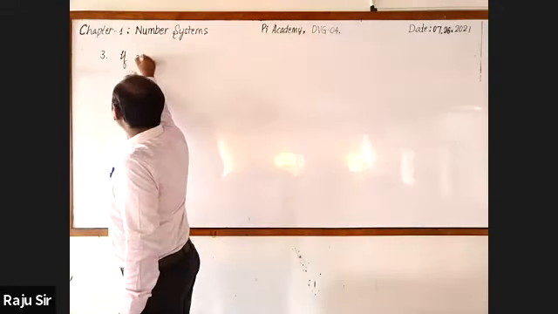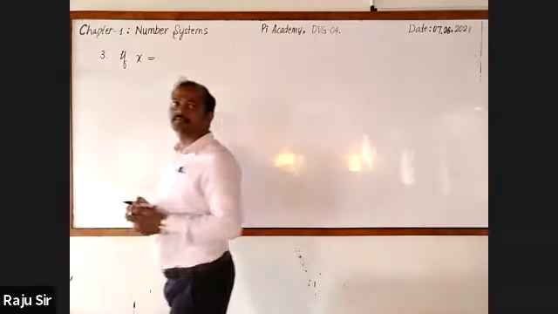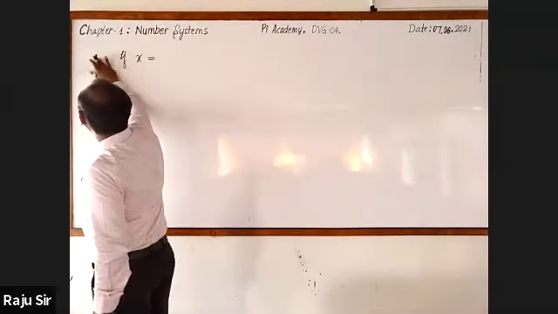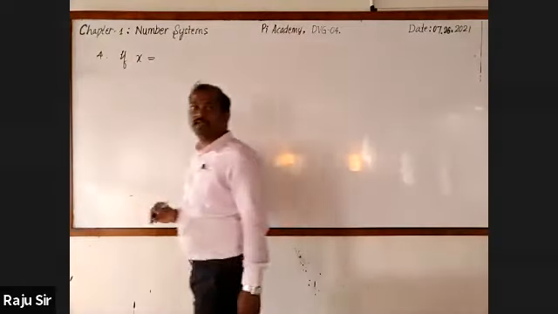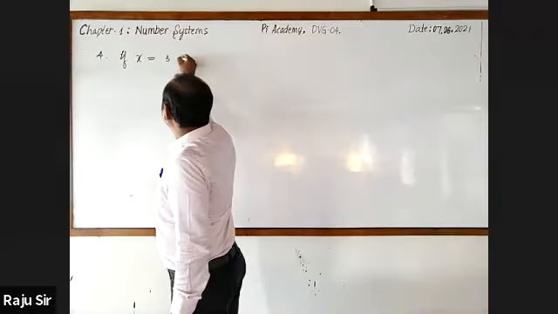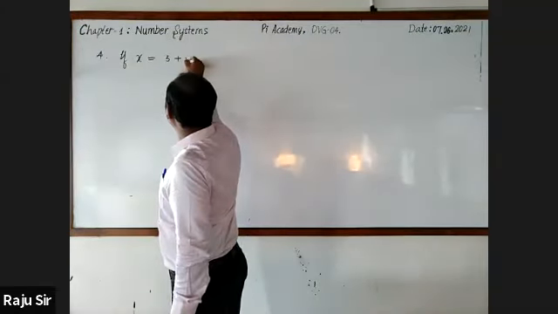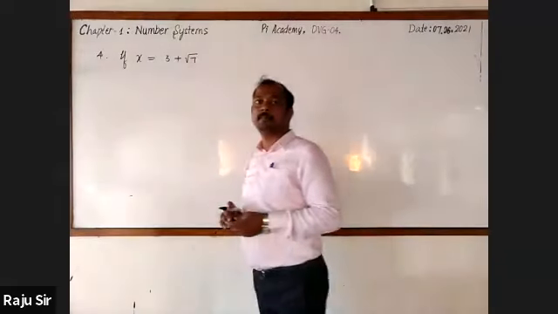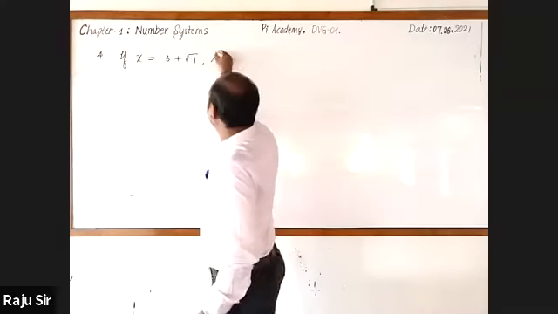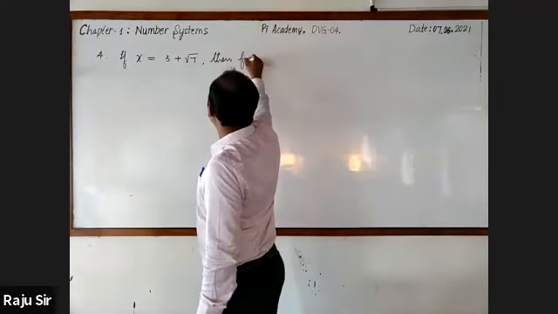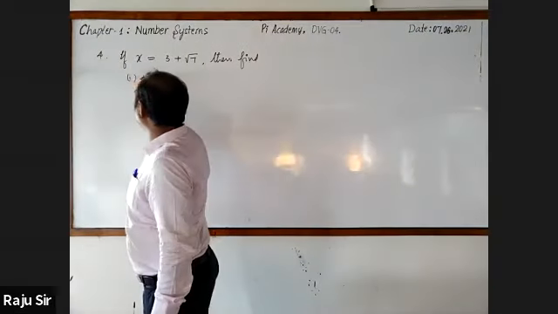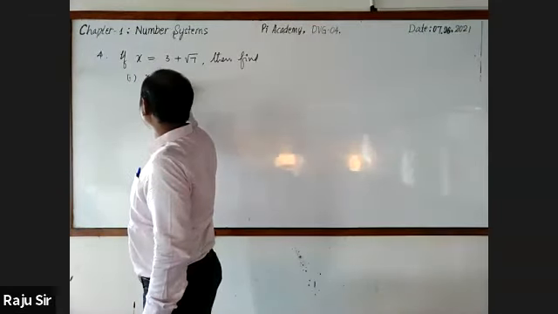If x equal to 3 plus root 7, then find, first one, x plus 1 by x.